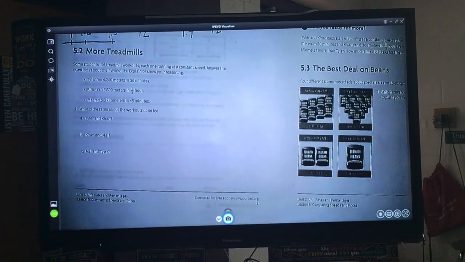Okay, anyway. Mai ran the same as Kyran. Distance was the same. Okay, time, same distance.